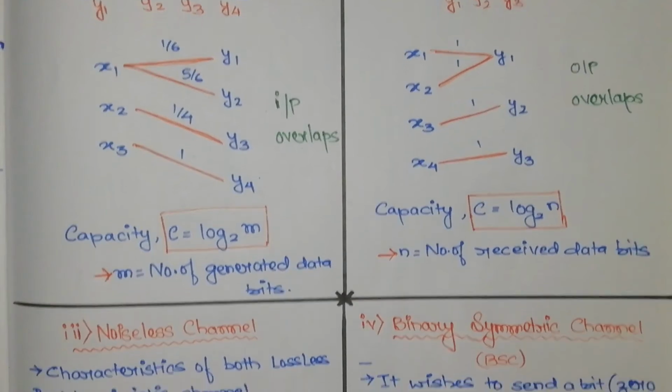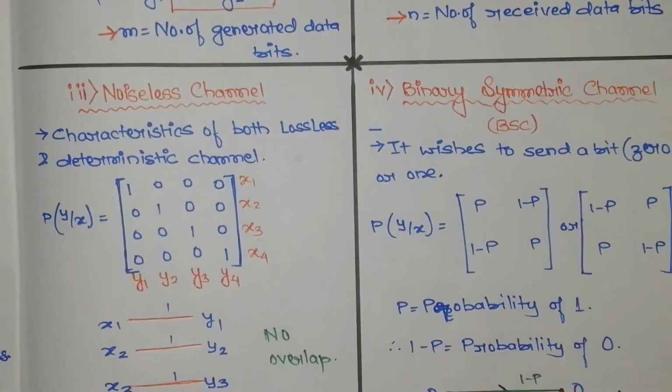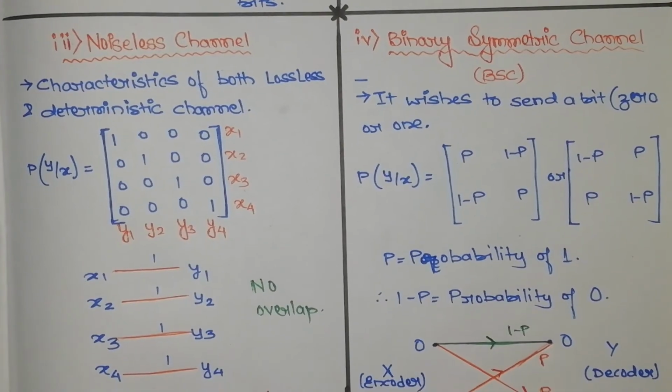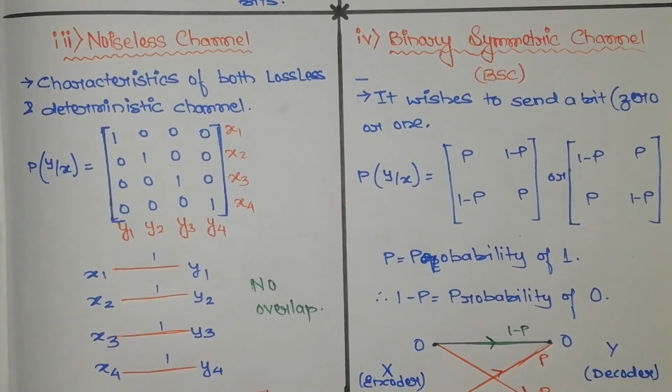Now the next channel is the noiseless channel. So what is a noiseless channel? It is a channel which has both the characteristics of the lossless channel and the deterministic channel. So there will be only one non-zero element in a single row and column.